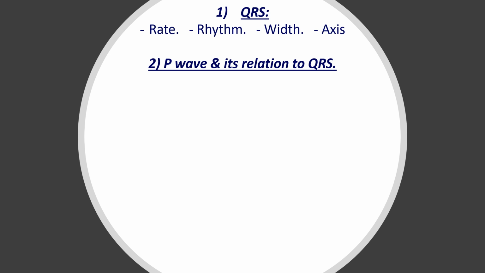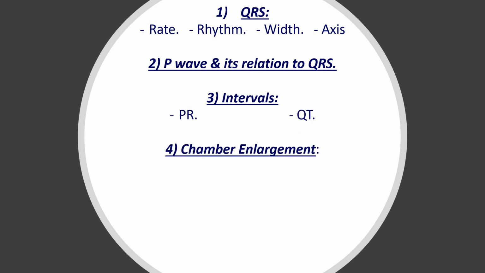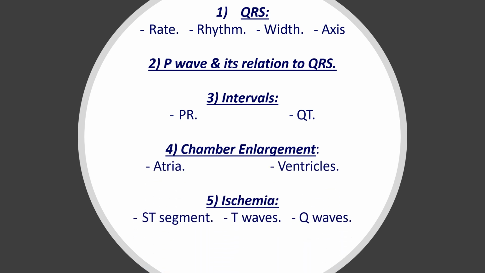Then you check the P waves and their relation to the QRS. Then you check the intervals, and I mean by this the PR interval and the QT interval. Then you have a look at the chamber enlargements, so atria and ventricles. Then you check for ischemia, so you look at the ST segment, T waves and Q waves, and lastly, anything else.